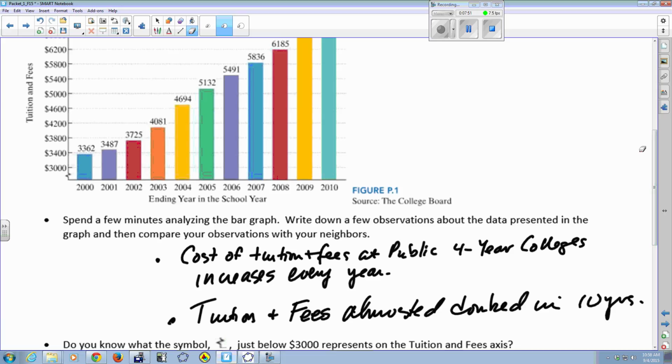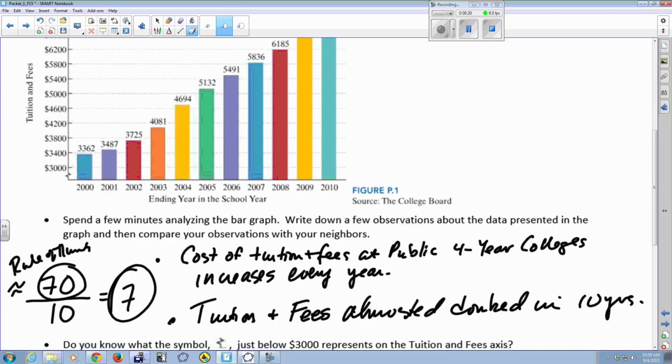At the very end of this course, we're going to be looking at logarithmic and exponential functions. And there's a little rule of thumb where you try to figure out how long it takes for something to double and what the rate would have to be. If you use 70, which is a constant, an approximation, a rule of thumb, and this thing doubled in 10 years, that tells you the approximate average rate of increase of tuition and fees: 7% a year.